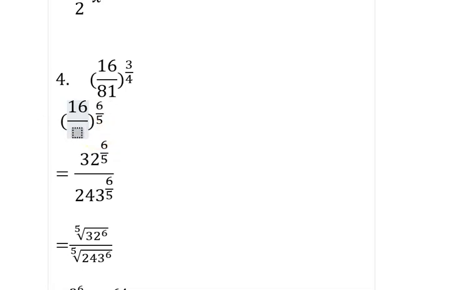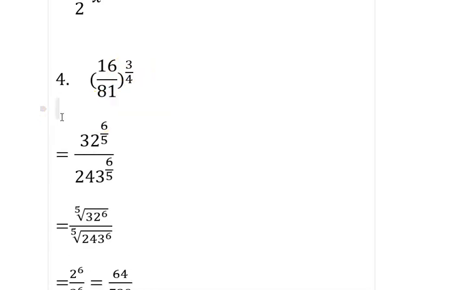Let's just edit what we have there to make our job easier. 16 over 81, this time around is 3 over 4. So 16 raised to power 3 over 4 because it actually belongs to both of them. 16 raised to power 3 over 4. Beautiful. 81 raised to power 3 over 4.